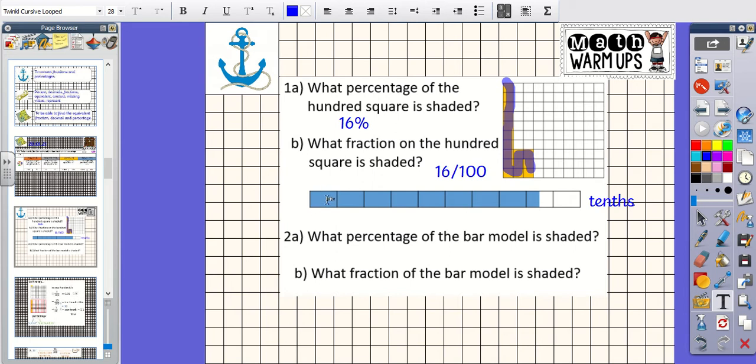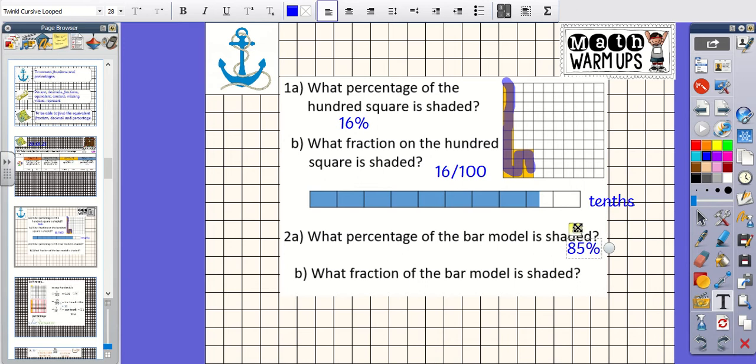That has got to be 10, because percentage is out of 100, so it would be 10, 20, 30, 40, 50, 60, 70, 80. Now that tenth isn't all shaded in, it's half shaded in, so it would be 85%.